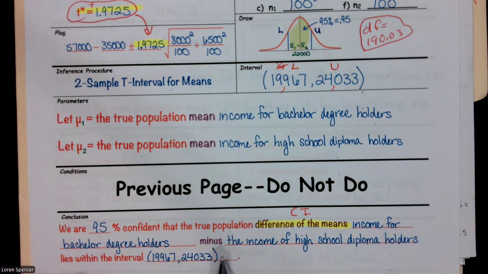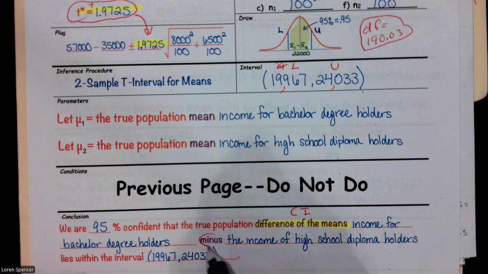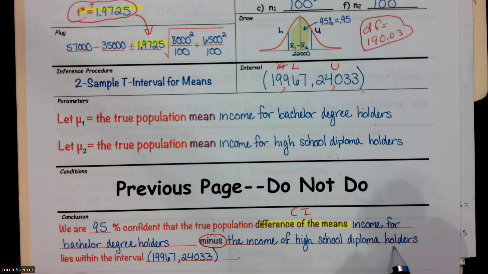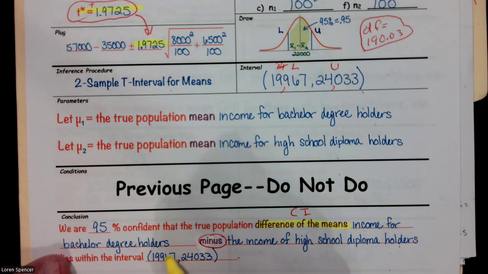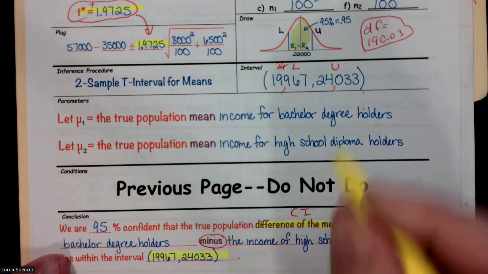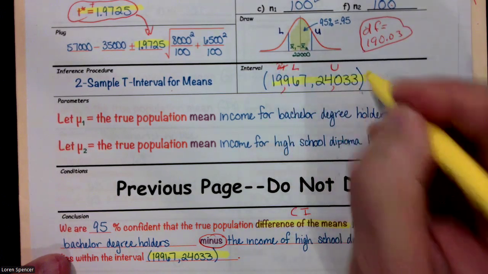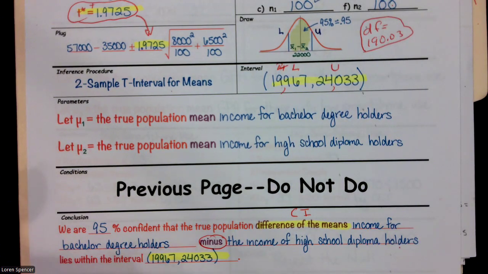Income for bachelor degrees holder minus the income. You always have to say the order. Minus the income of high school diploma holders lies within our interval 1967 to $24,033.